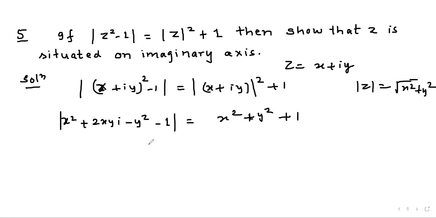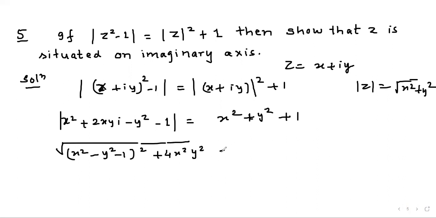Now, if we take the modulus value of this side, we get root of x square minus y square minus 1 whole square plus 4 x square y square equal to x square plus y square plus 1.